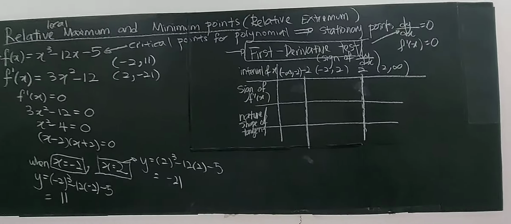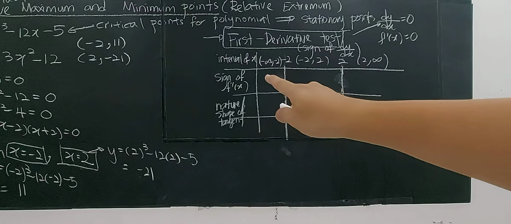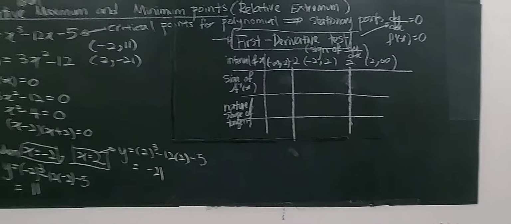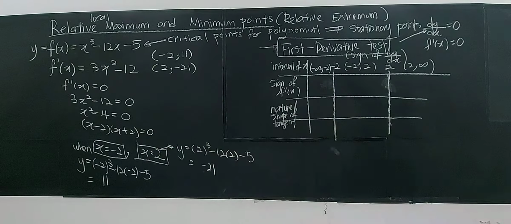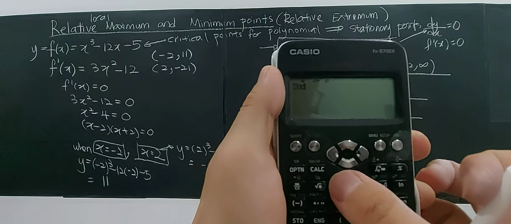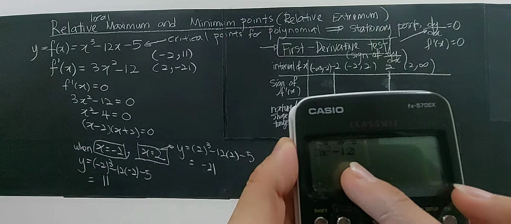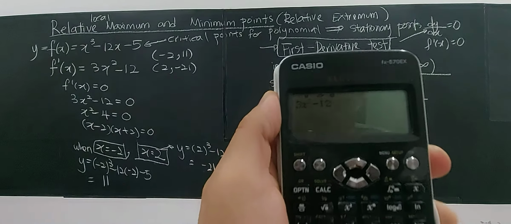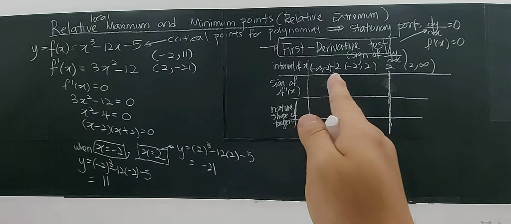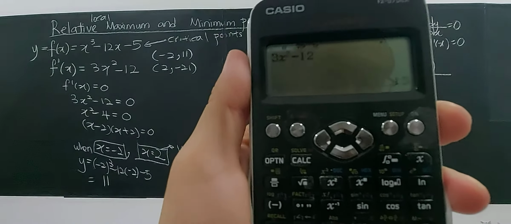We can choose any number less than -2, -3 for example, and substitute it into f'(x). In the calculator I key in 3x² - 12, the gradient function f'(x). I pick -3 and press equals, and I get a positive value.